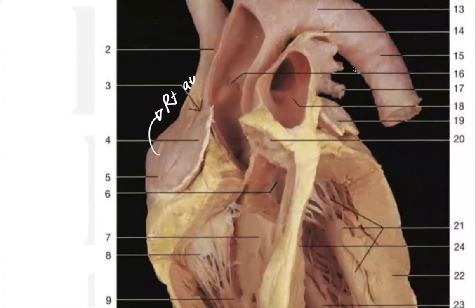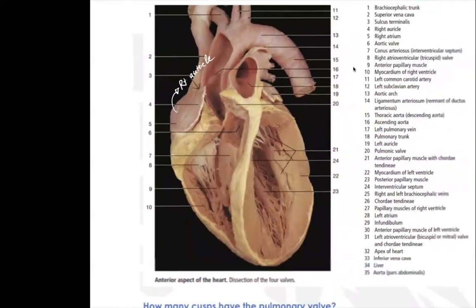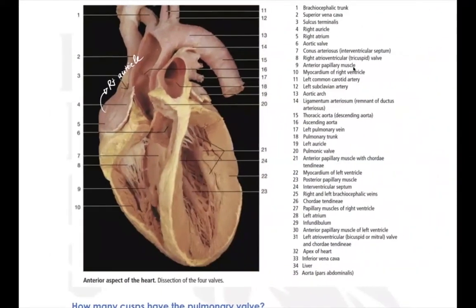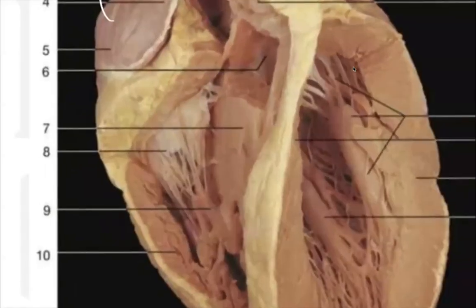Next you have to have the visualization that it is the cut section, the way I did, the same thing. If I ask you what you are seeing, this is number 8, the tricuspid valve.